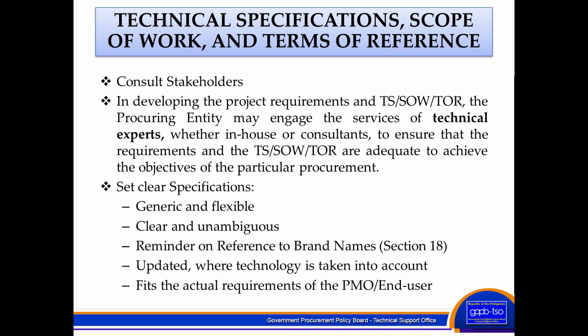So we need to set clear specifications in a way that it is generic and flexible, clear and unambiguous, and then a reminder on reference to brand names. Of course, under the government procurement law of the Philippines, it is prohibited that we specify brand names.